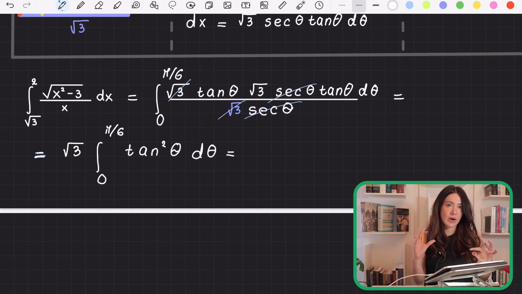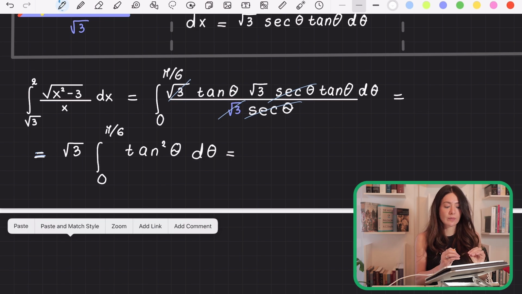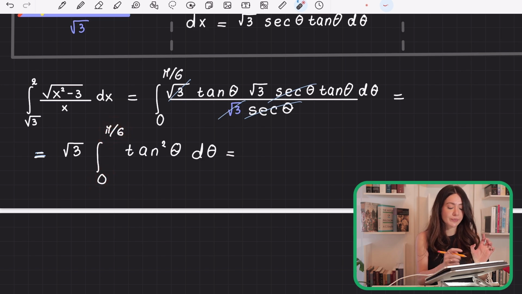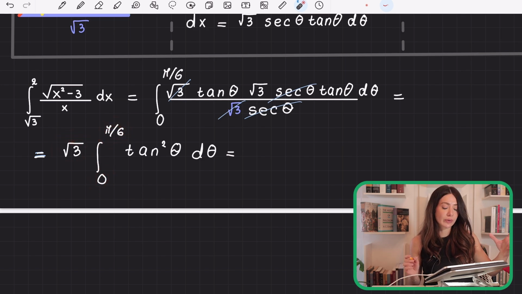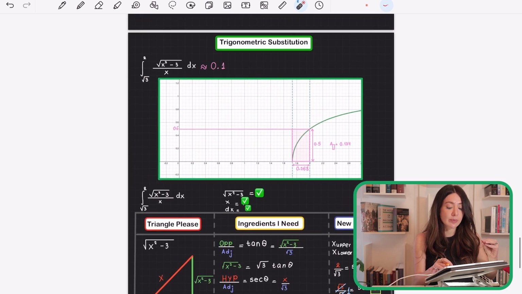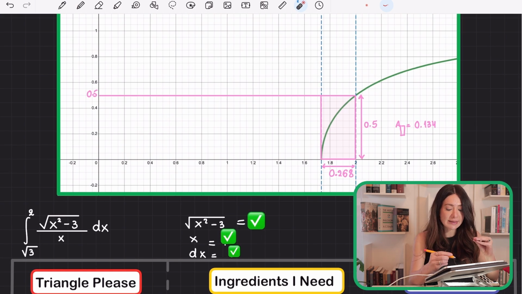So all I need to do now is take this integral, calculate area under that integral in that range, multiply it by square root of 3, and hope that it will be same as this area.